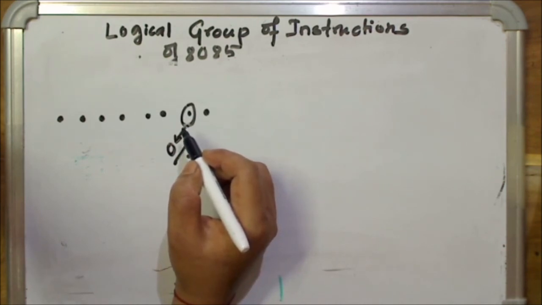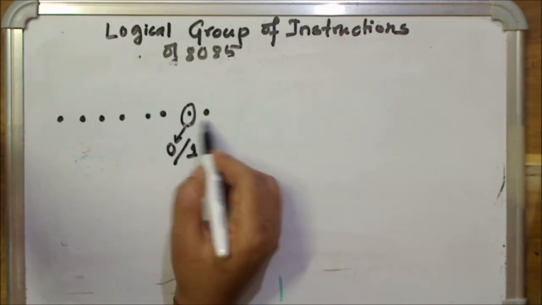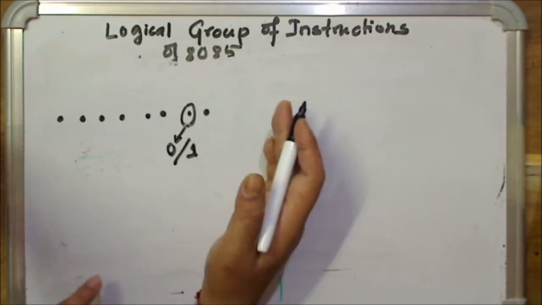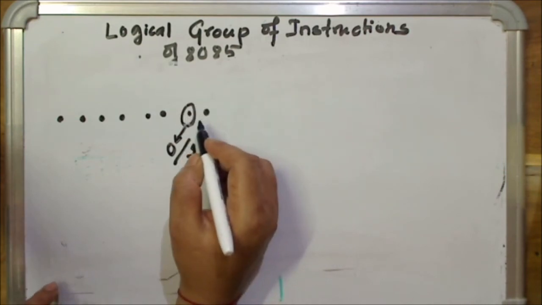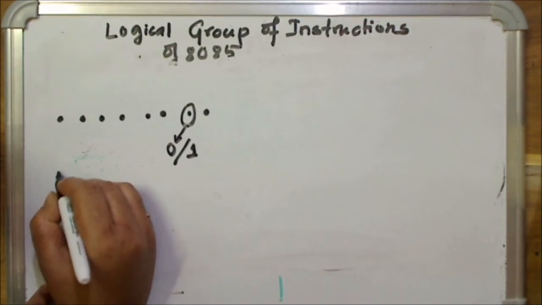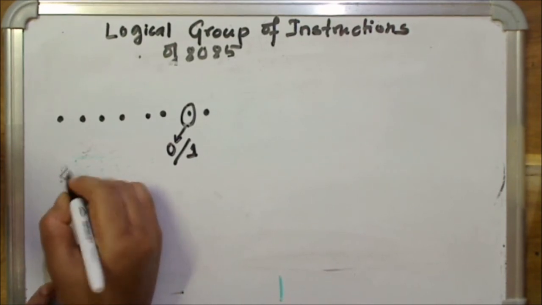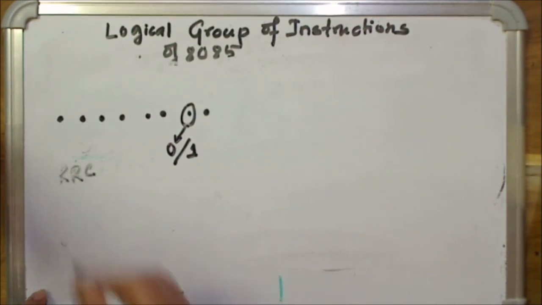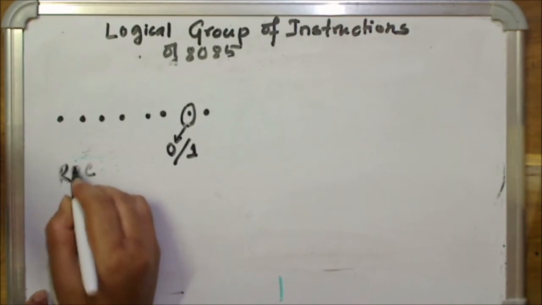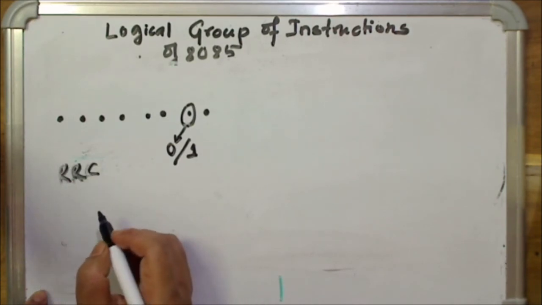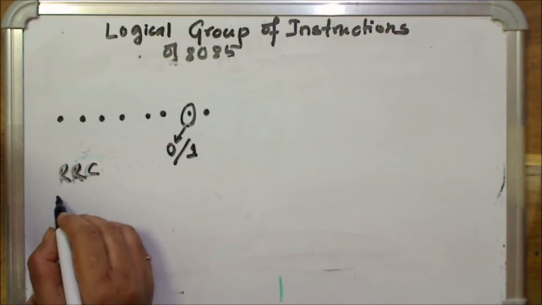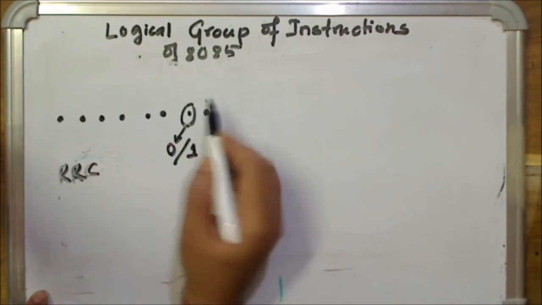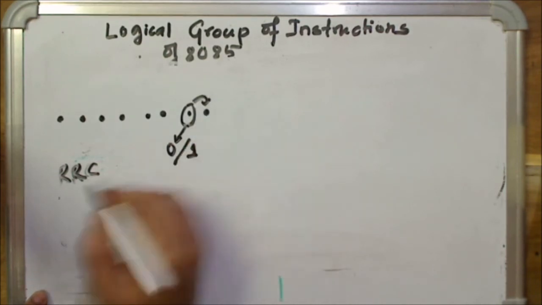So what will you do? You will rotate this instruction right, because it is closer to the right. So you use which instruction? RRC. You will use instruction RRC, right? So what will happen after RRC? This bit will shift after you write RRC.